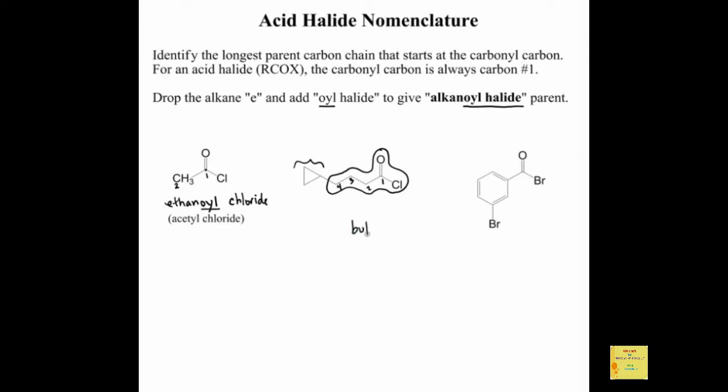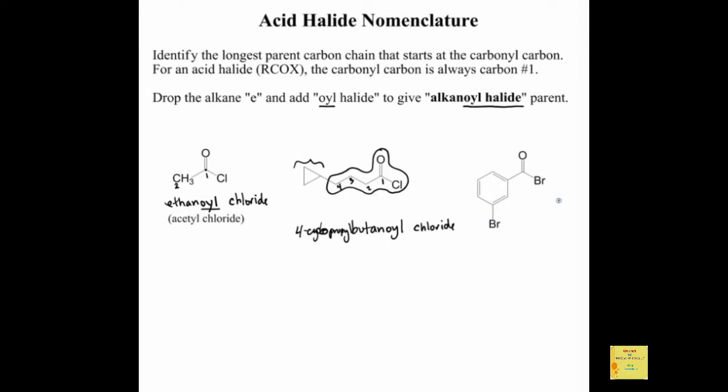It's called butanoyl chloride. And what's attached to carbon 4? Well, it would be called cyclopropane if that was the parent, but as a substituent, we call it a cyclopropyl group. 4-cyclopropylbutanoyl chloride.